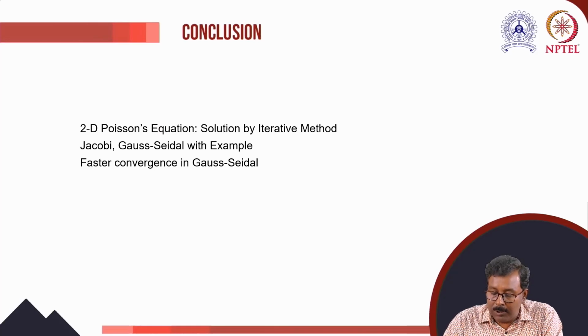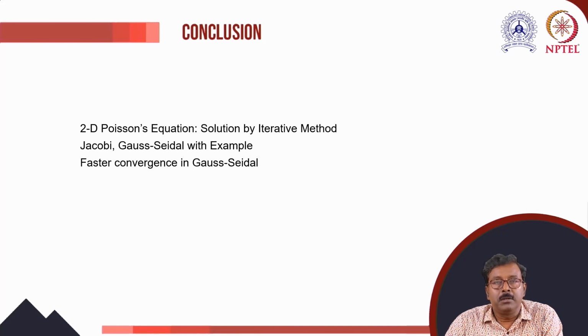So in this lecture we have shown the 2D Poisson equation solution by iterative methods. Two types of iterative methods, that is the process of updating the node values, Jacobi and Gauss-Seidel, are shown with an example. It is observed that convergence in the Gauss-Seidel method is reached very quickly.